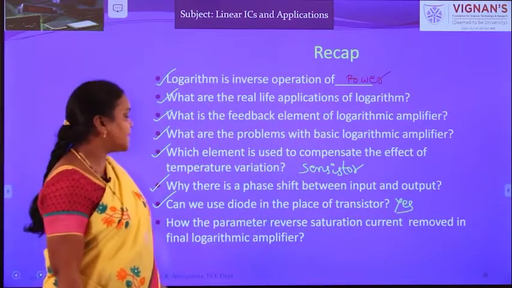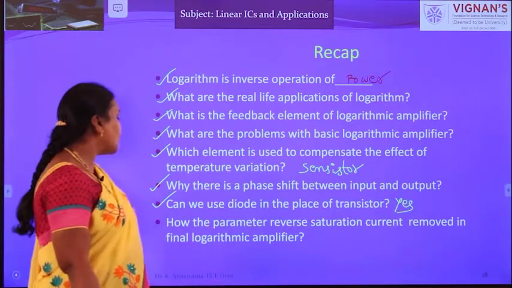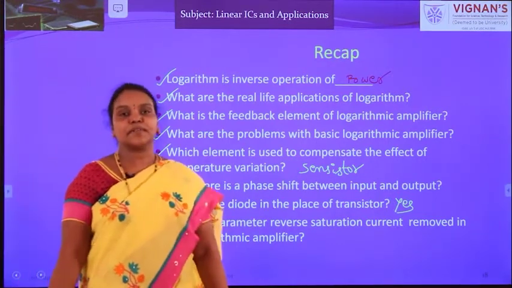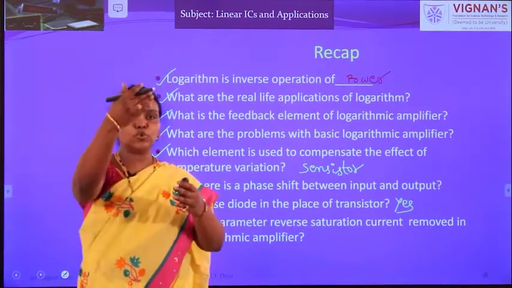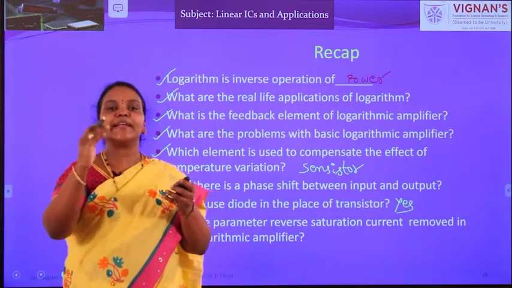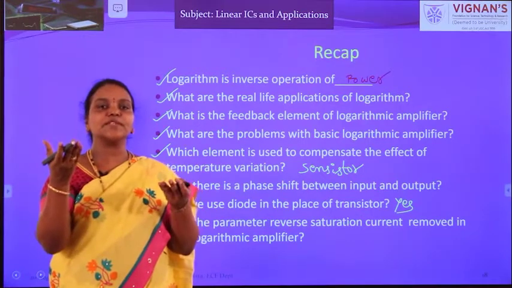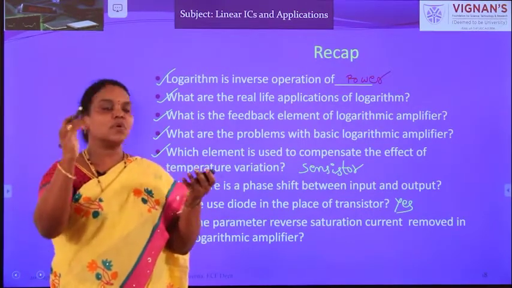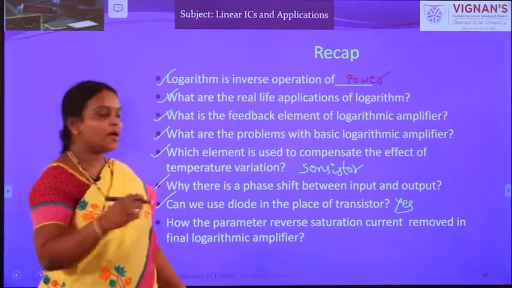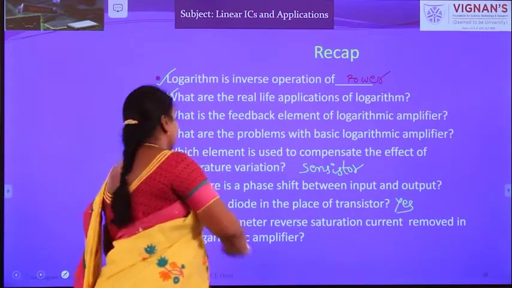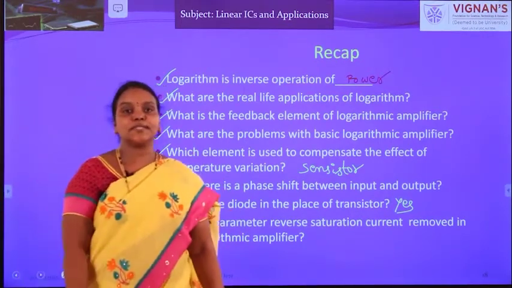How is the parameter reverse saturation current removed in the final logarithmic amplifier? By using two logarithmic amplifiers and by taking the difference of those two. Difference means, in effect, it becomes the ratio. So in that way we have removed the IS term. I hope you understand. Thank you.